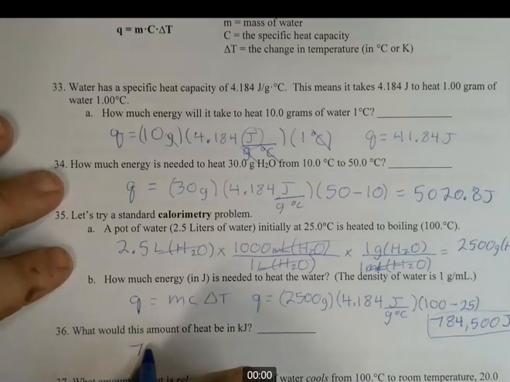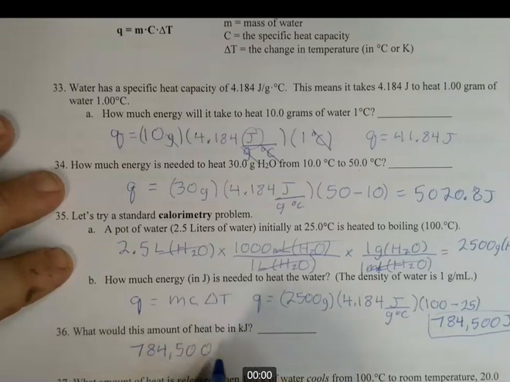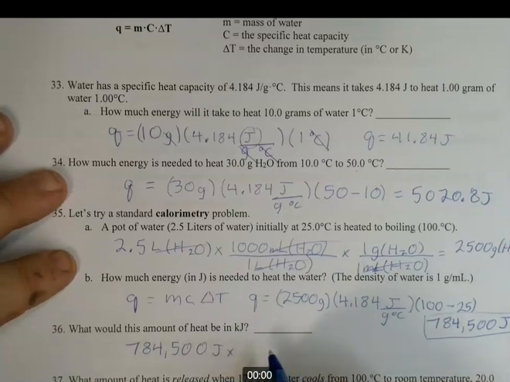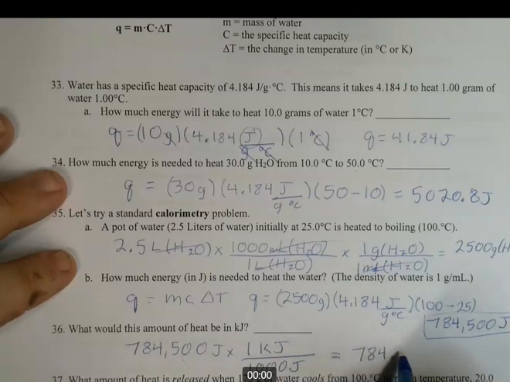So just use that relationship: there's 1 kilojoule for every 1,000 joules. So you're going to divide that number by 1,000 and you get 784.5 kilojoules.